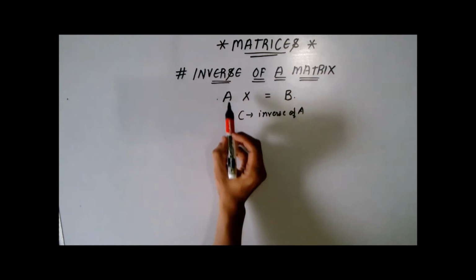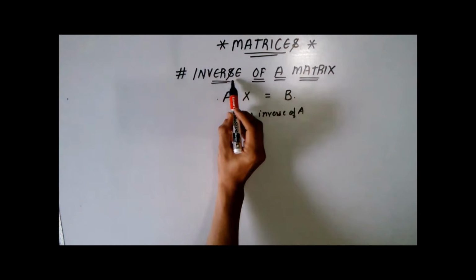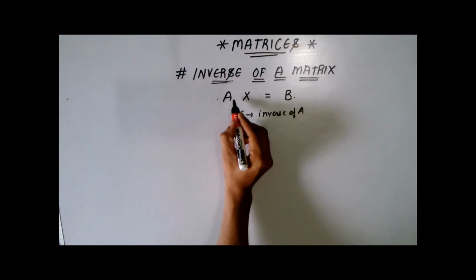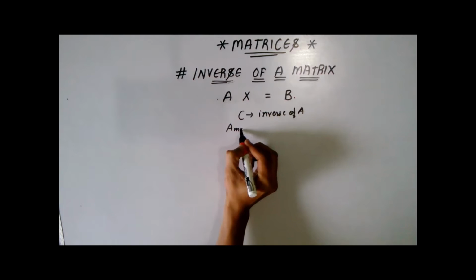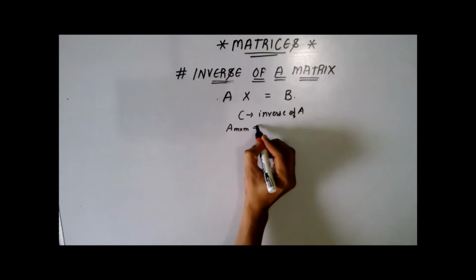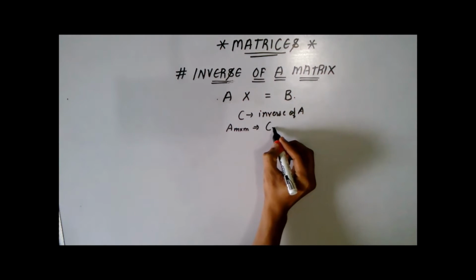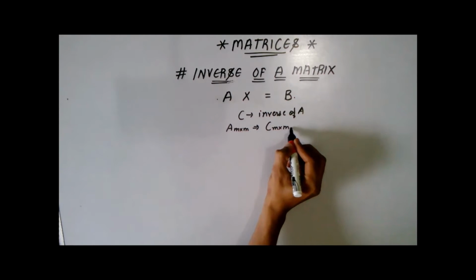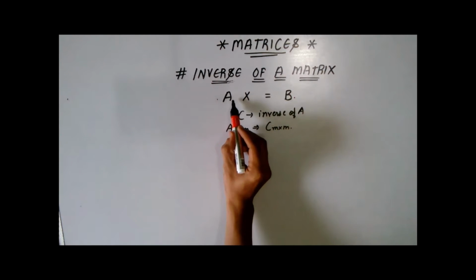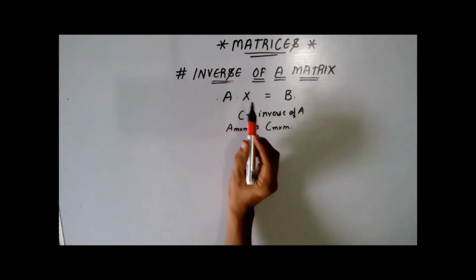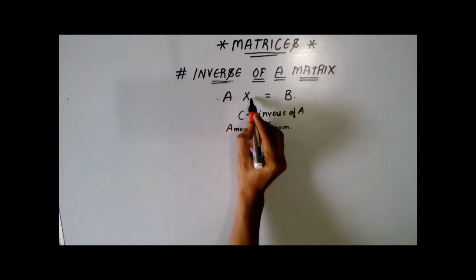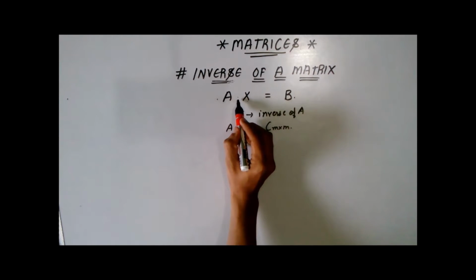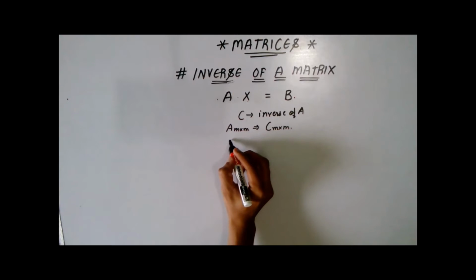Now, as I earlier said, the inverse exists only for square matrices. So, let's assume A is a square matrix of order m by m. This implies C will be the square matrix of the same order. Now, for matrix multiplication between A and X to exist, the number of rows in X matrix should be equal to the number of columns in the A matrix.